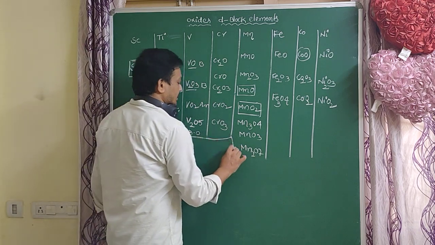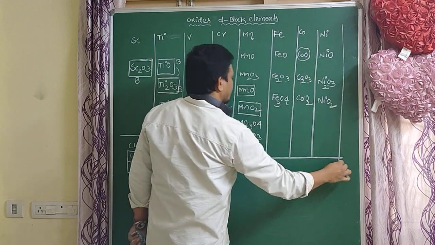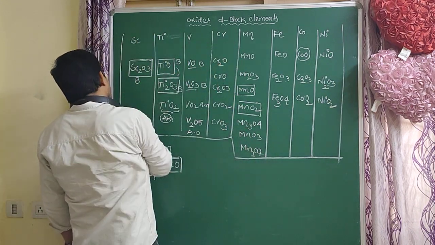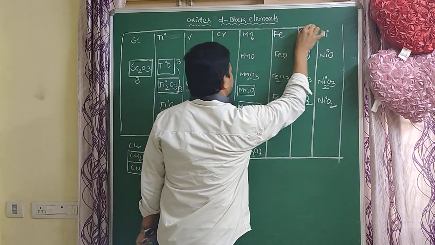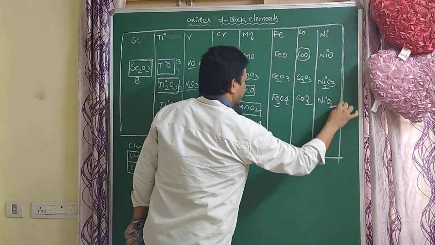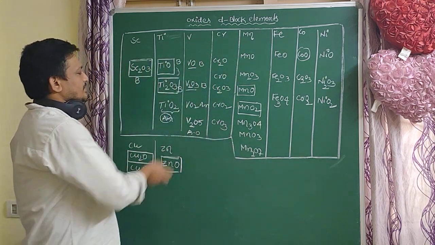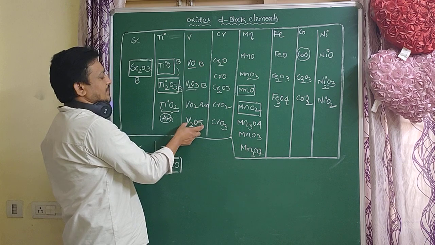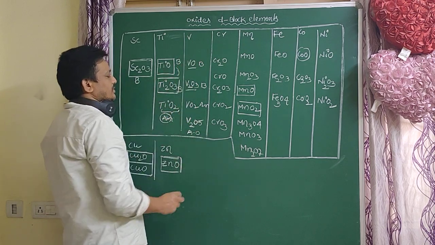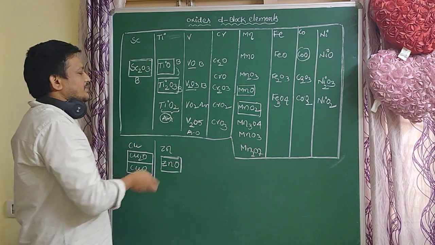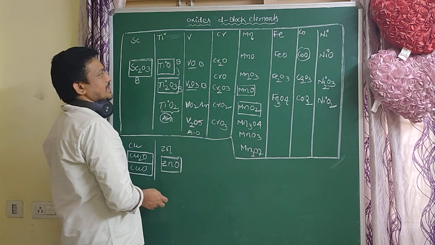Acidic nature is more, but as per the NCERT textbook, it is amphoteric. Which is more acidic? V2O5 is the acidic oxide. VO2 and V2O5 are amphoteric oxides.